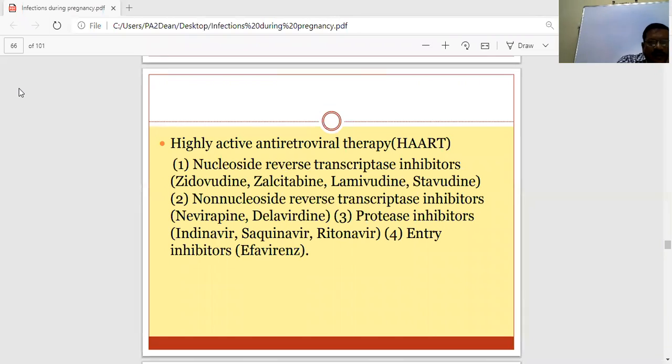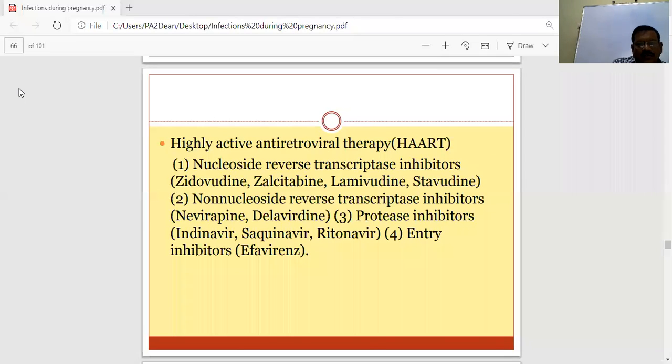Highly active antiretroviral therapy, HAART. The nucleoside reverse transcriptase inhibitors are zidovudine, zalcitabine, lamivudine, and stavudine. These are the drugs.